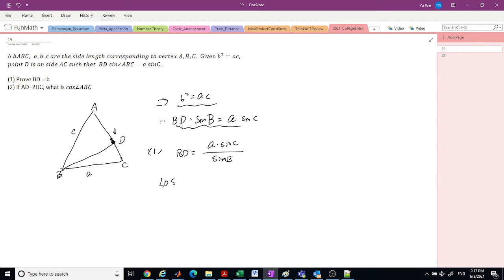Here let's use the law of sine. The law of sine tells me the side over the sine of its angle: b over sine B equals c over sine C equals 2R, where R is the radius of the circumcircle.